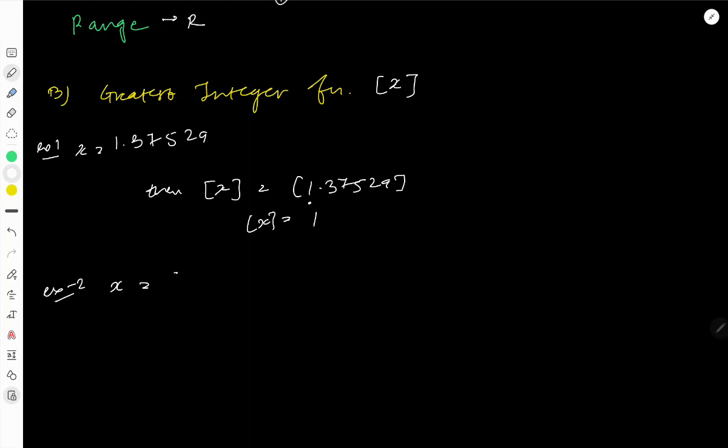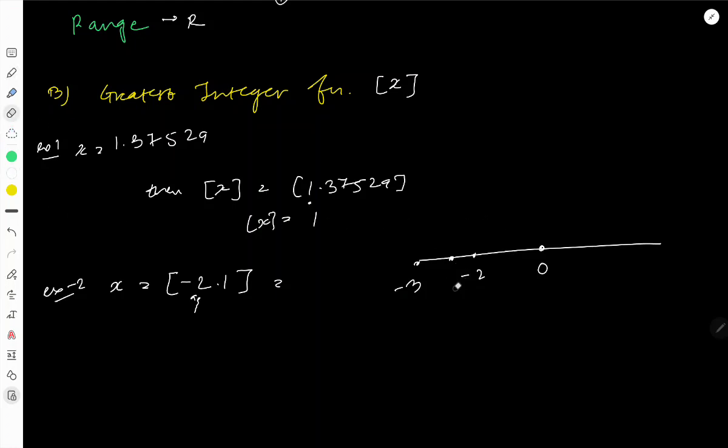So now let us take x as minus 2.1. So now the greatest integer that is less than or equal to minus 2.1. Let us see where minus 2.1 comes. This is 0, this is minus 2, and the minus 2.1 goes somewhere over here, and this is minus 3, let us assume.